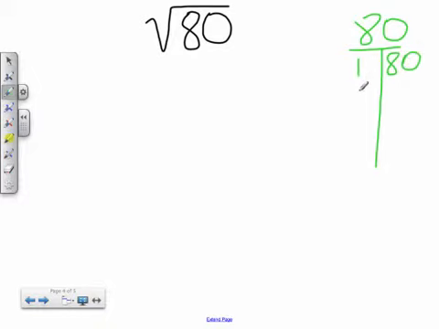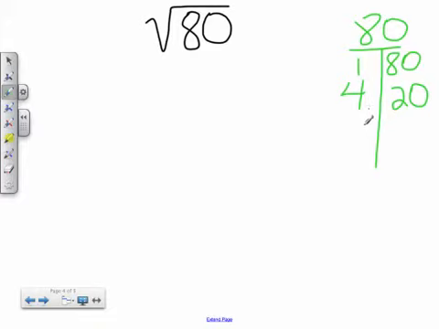The next perfect square is 2 squared, which is 4, so I'm going to put 4 here. And 4 is a factor of 80 combined with 20. Now I'm going to look at this 20 and see, is there anything that 20 is divisible by that's a perfect square? It's divisible by 4, so that means that this is not the largest perfect square possible.